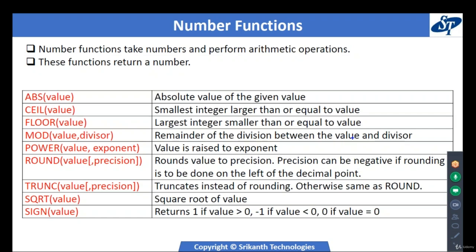Round and trunc are to round or truncate the given value to the given precision. We'll see some examples. I explain more about them when we look at examples. Square root is just returning the square root of the number. Sign returns 1 or -1 or 0, depending on the given value. All positive values will return 1, negative values -1, and 0 returns 0.